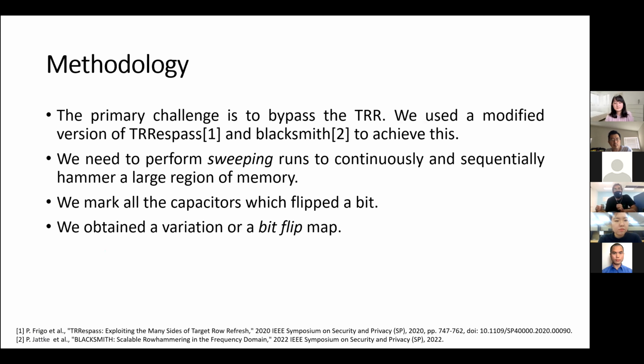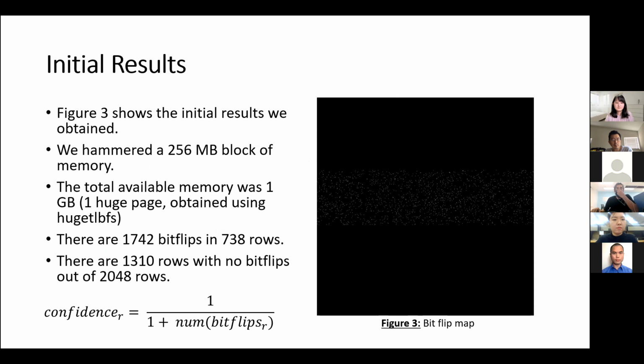All the bit flips are marked on this map, and we generate a bit flip map. On the right, you can see the bit flip map we generated by hammering a 256 MB block. These white dots are the places where we saw bit flips.